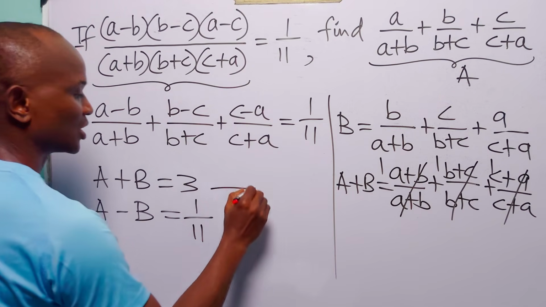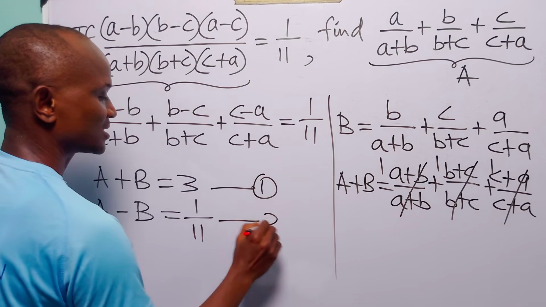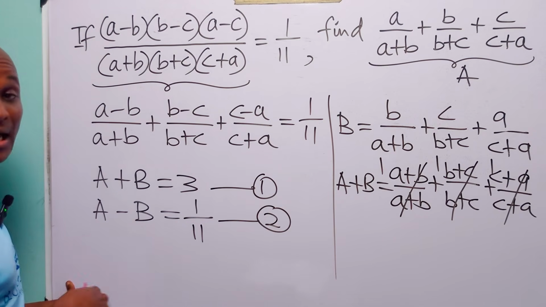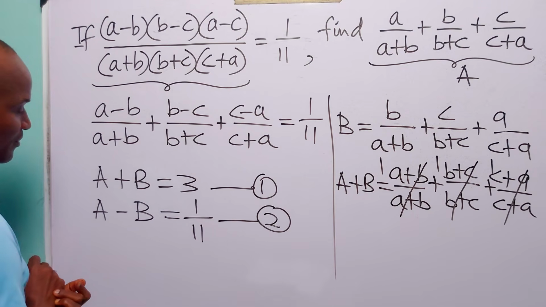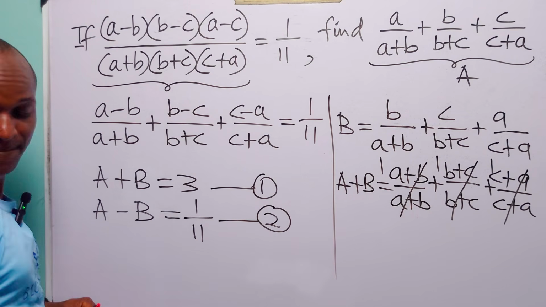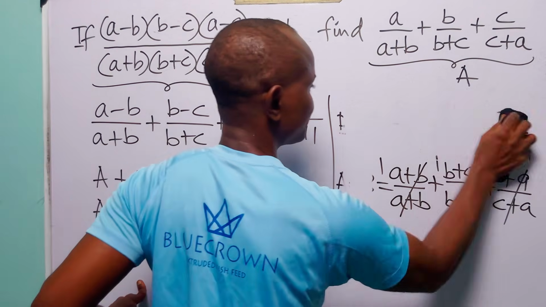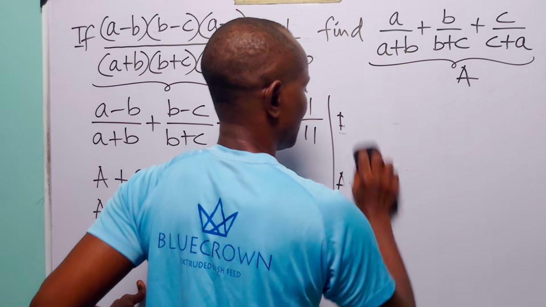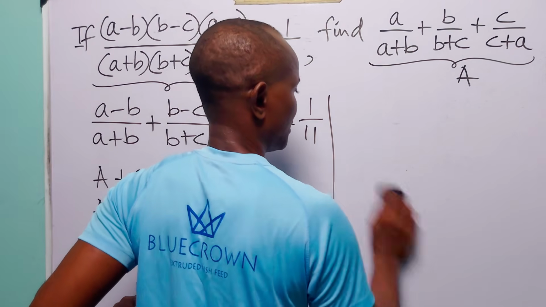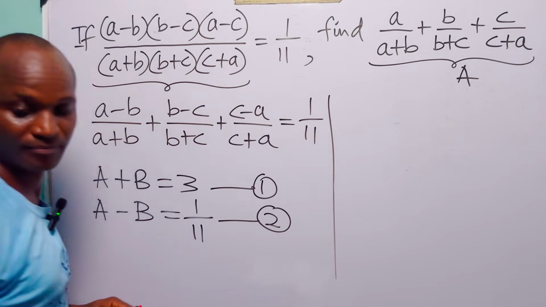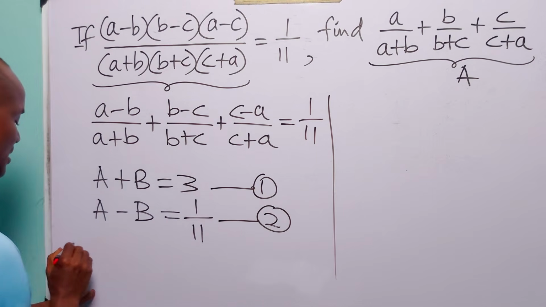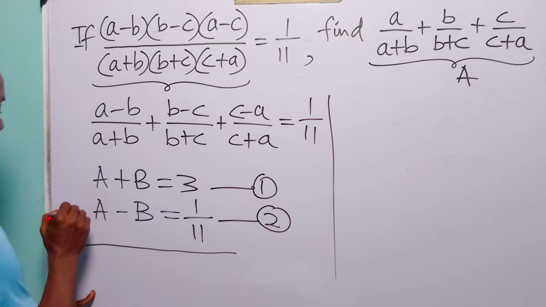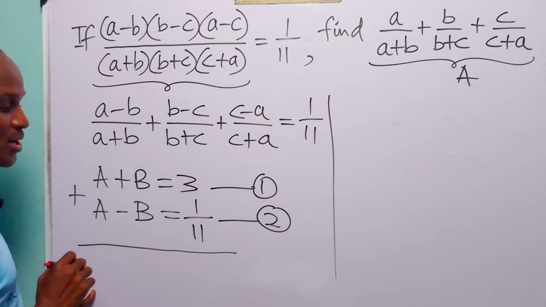Now we have two simultaneous equations in A and B, and these equations are very easy to solve. Since we are looking for the value of A, the easiest thing to do is to add these two equations.